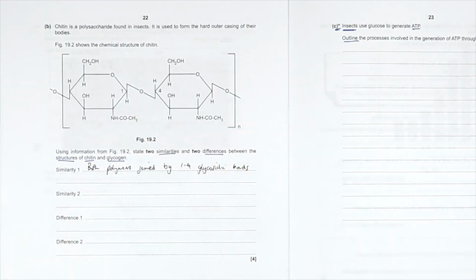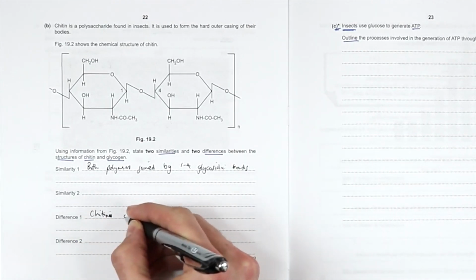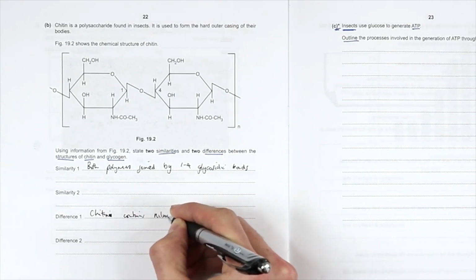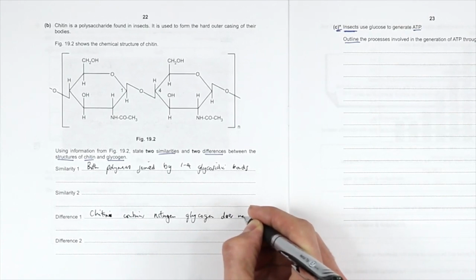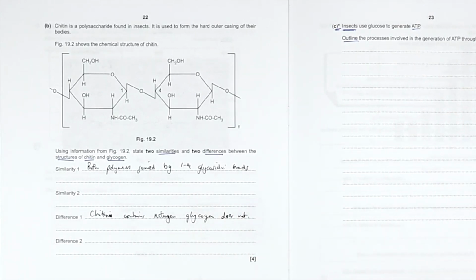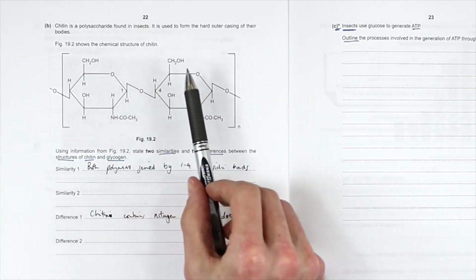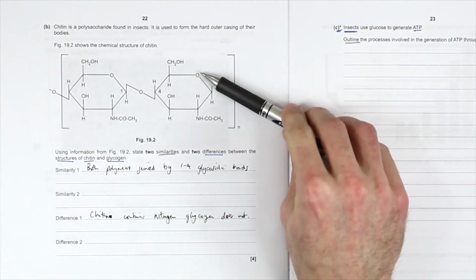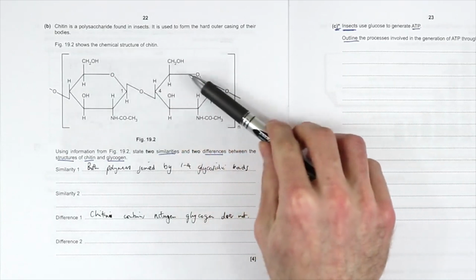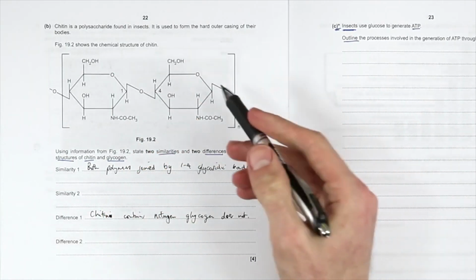The difference is that chitin contains nitrogen. Glycogen does not. Both contain... basically the oxygens are on the same side each time, which is not the case with beta glucose. Okay, so it repeats then.